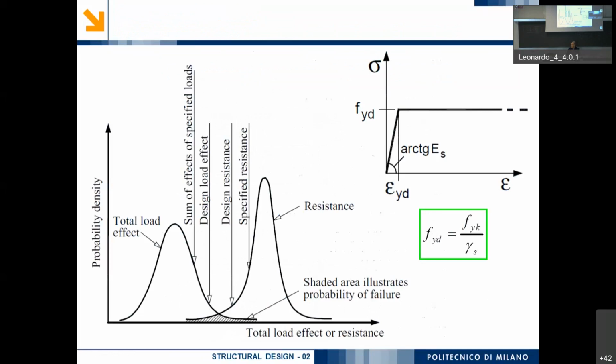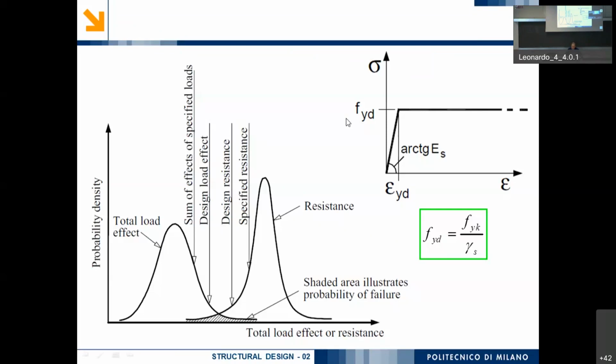Okay, now I would like to recall this diagram. We have recalled from past time that when we are evaluating the strength or the resistance of a material, generally we do not refer only to an elastic behavior of the material, but we can refer to elastic plastic behavior of the material.